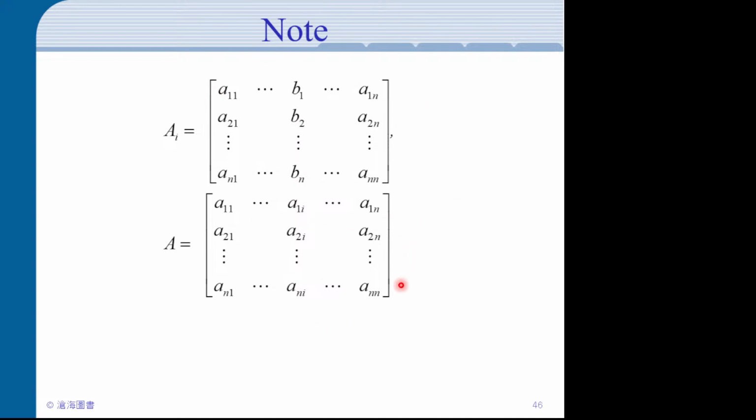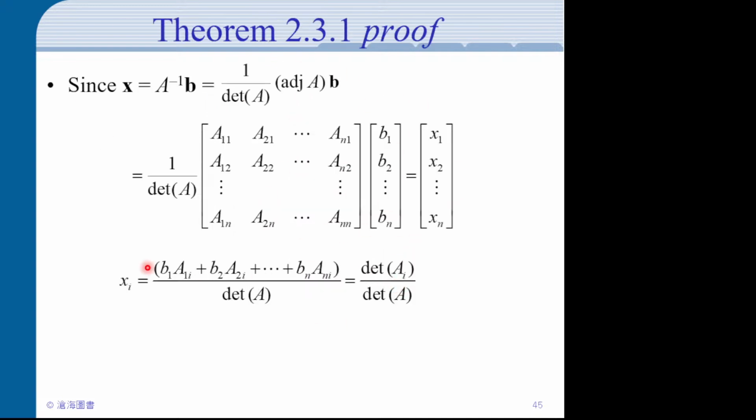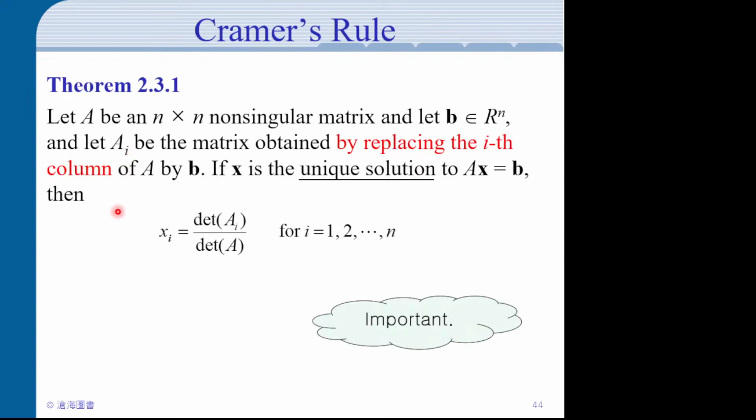So that's another way to solve Ax equal to b. But once again, this only works for non-singular A, because you need to divide by determinant A. And if it's singular, then it's really weird. But this will solve for the unique solution.